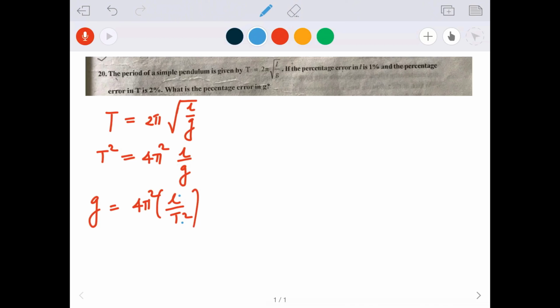So that is very simple. That is, the total percentage error in g will be delta L by L into 100 plus delta T by T into 100.